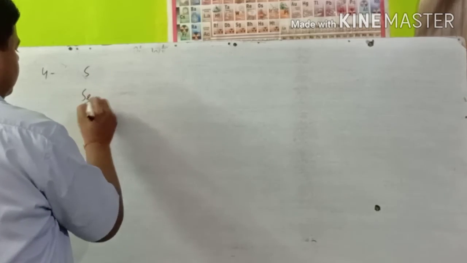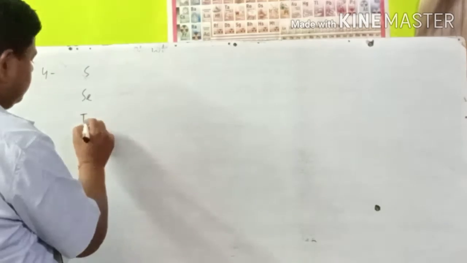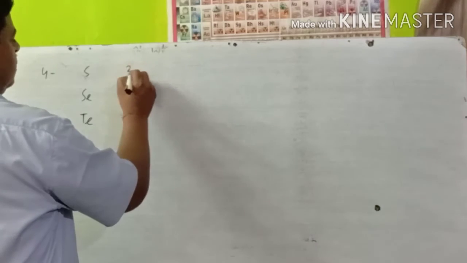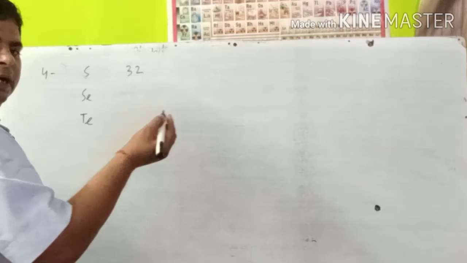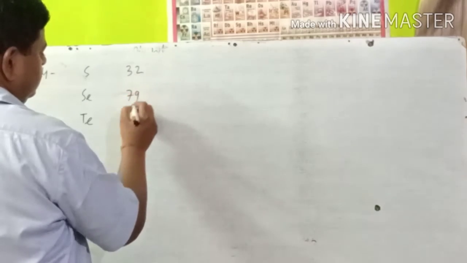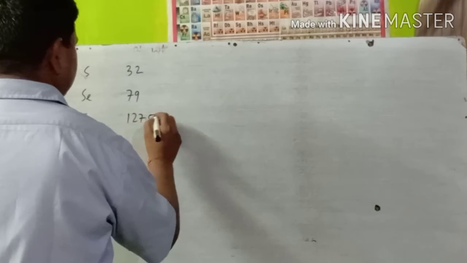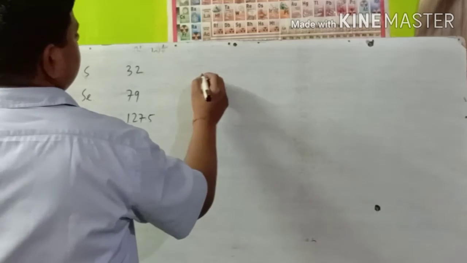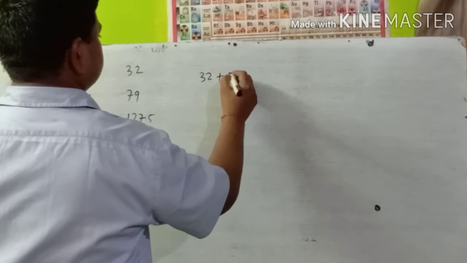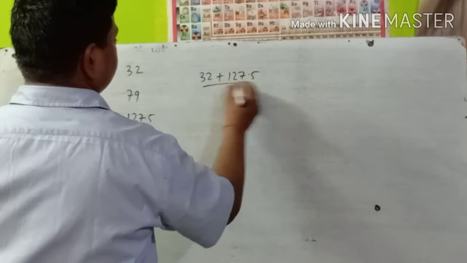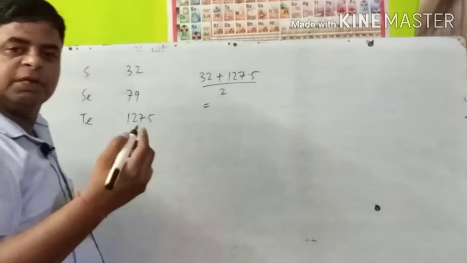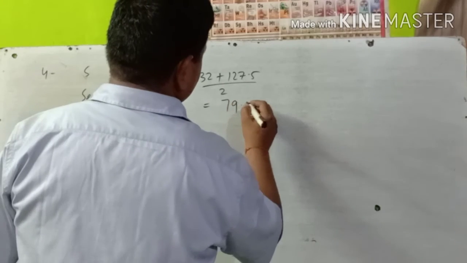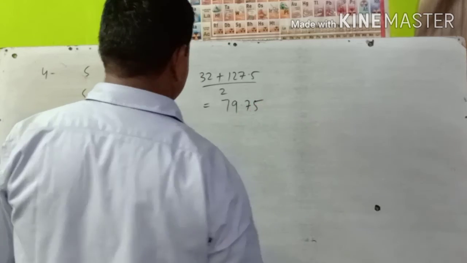Then sulfur, selenium and tellurium. Atomic mass of sulfur is 32, selenium is 79 and tellurium is 127.5. So 32 plus 127.5 upon 2 becomes equal to 79.75.